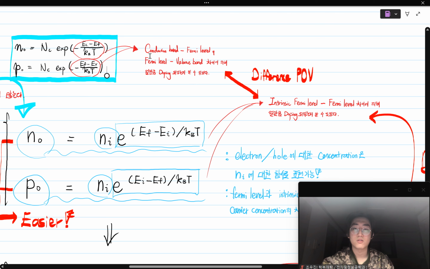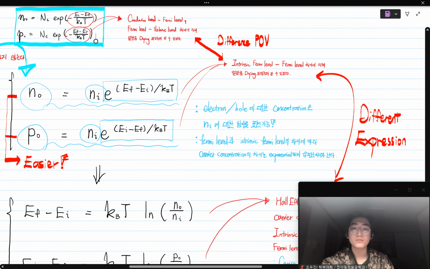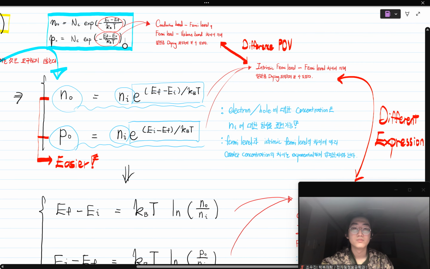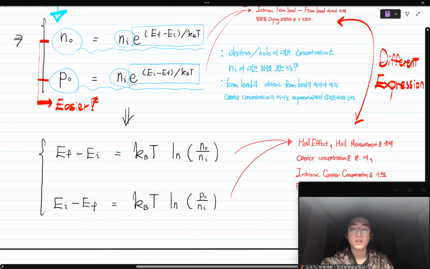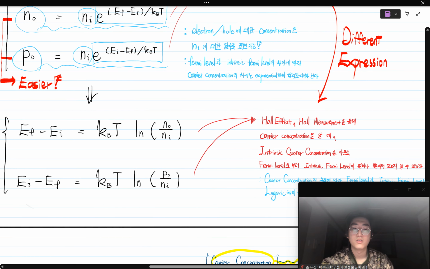This equation uses the conduction band and the Fermi level or valence band difference, and this equation uses the intrinsic Fermi level and Fermi level difference. We can also get these equations.